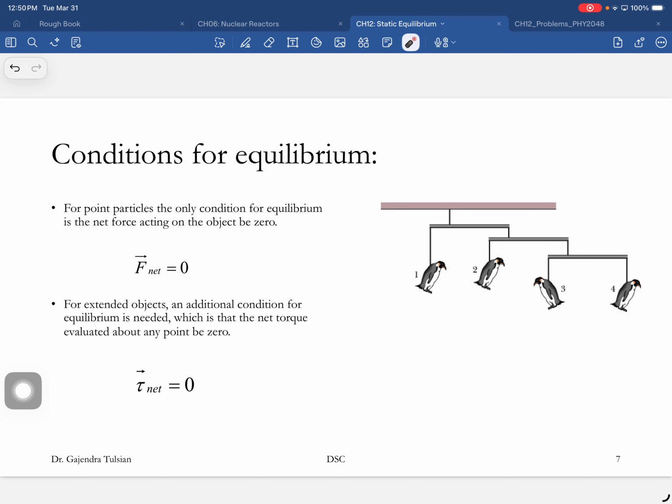Are these all of equal weight? No, of course not. You guys have been on a seesaw. If you're closer to the fulcrum, you're heavier. So let's figure out the weight of these. Let's say this distance is x and this is 3x.